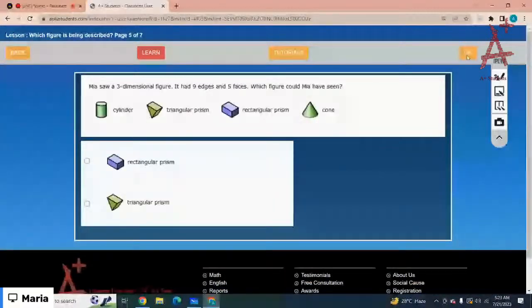Mia saw a three-dimensional figure. It has nine edges and five faces. Which figure could Mia have seen? Which is the correct option?